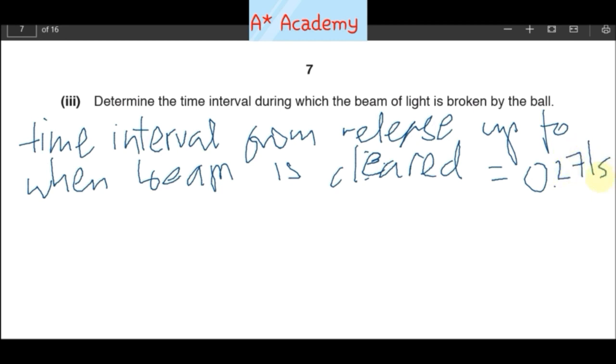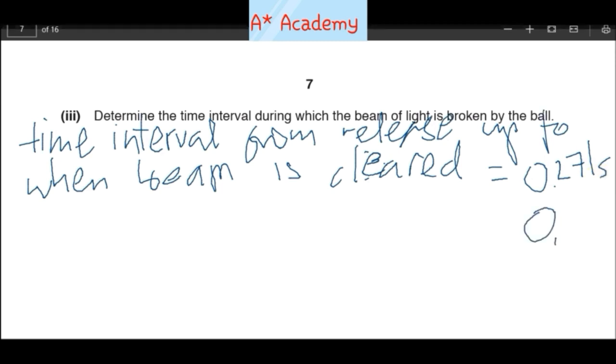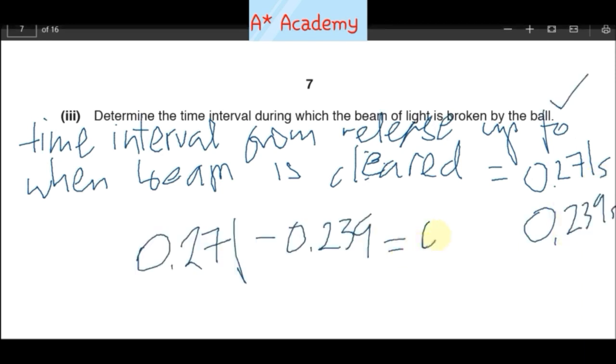And the time interval from release up to when the ball reaches the beam is 0.032 seconds. So 0.032 seconds is the required time interval there.